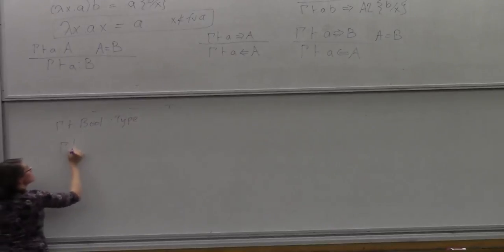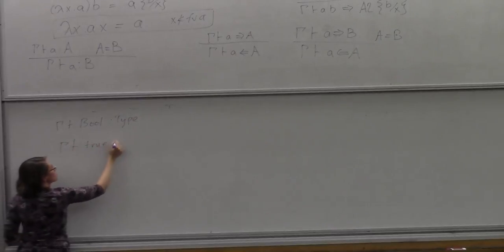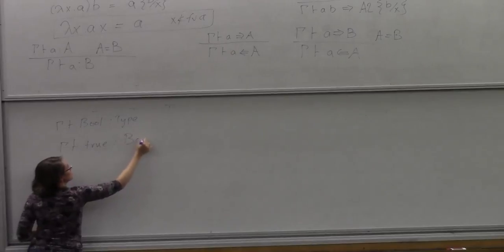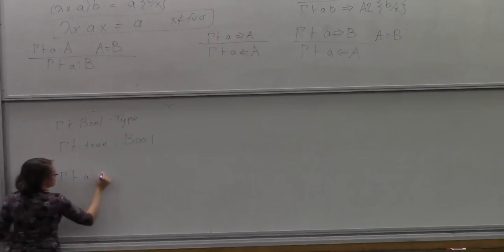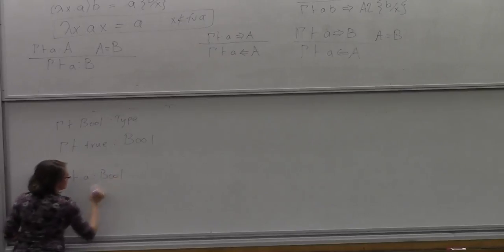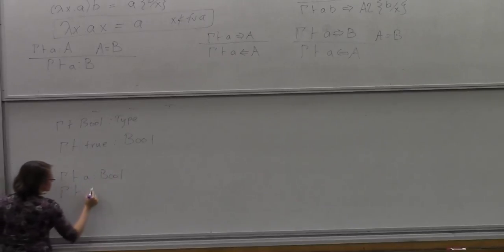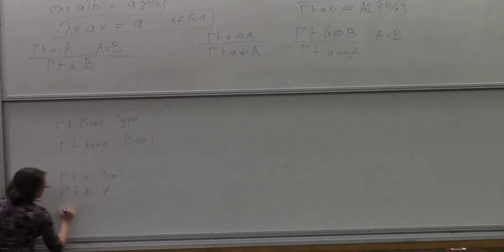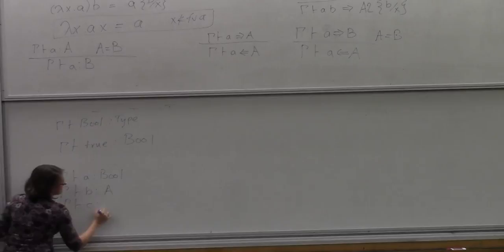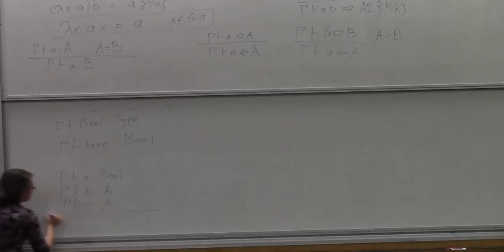It said that true and false were booleans. I won't write false down. And then it said if expressions type check if the first part of the if was a boolean and the second two parts have the same type.